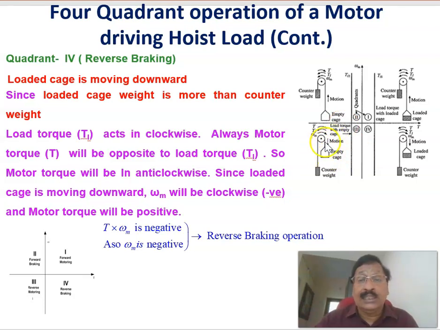When the unloaded cage is moving from the upper level to the lower level, it is reverse motoring. And when a loaded cage is moving from the upper level to the lower level, it is reverse braking or reverse regeneration, because omega m is negative. This is an example of application of a DC motor for a lift or hoist in the four quadrants of operation.